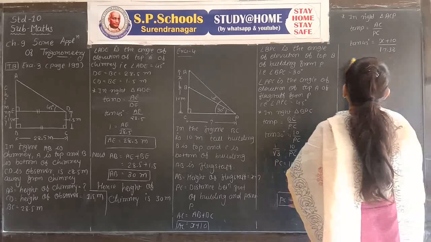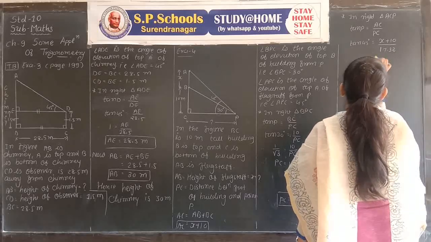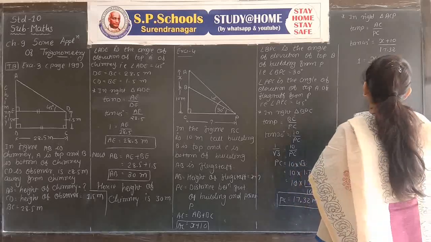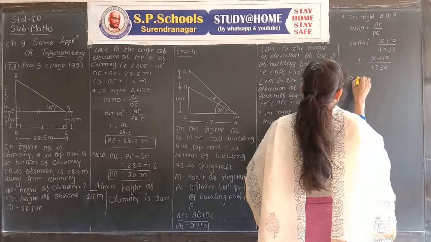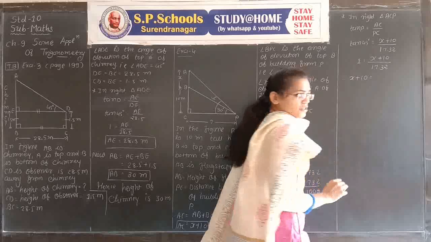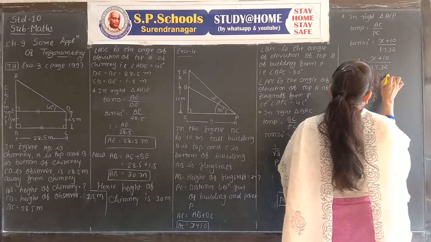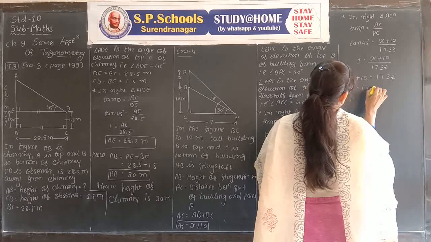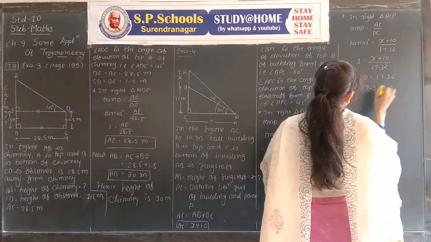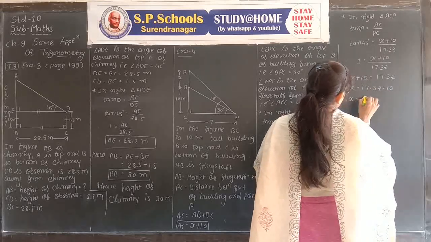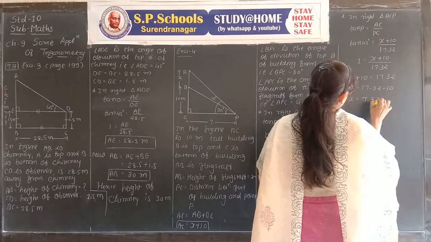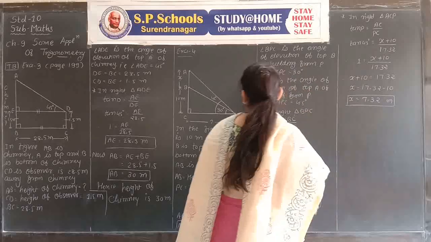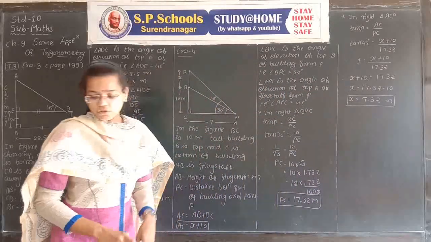Tan 45 is equal to 1, so 1 is equal to x plus 10 upon 17.32. Now make x plus 10 the subject first. X plus 10 is equal to 17.32. Making x the subject, x is equal to 17.32 minus 10. That's why x is equal to 7.32. Unit is meter. X is our required height of flagstaff.